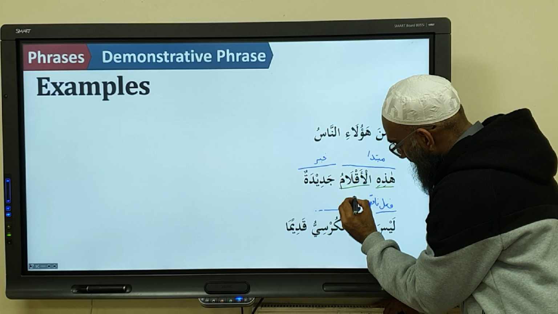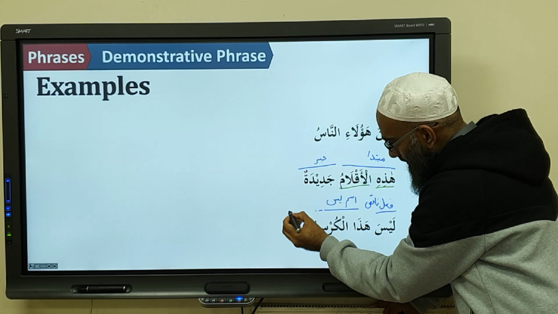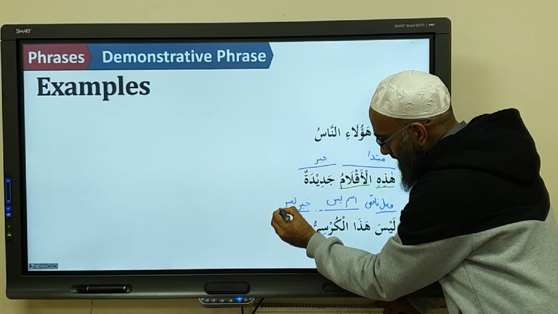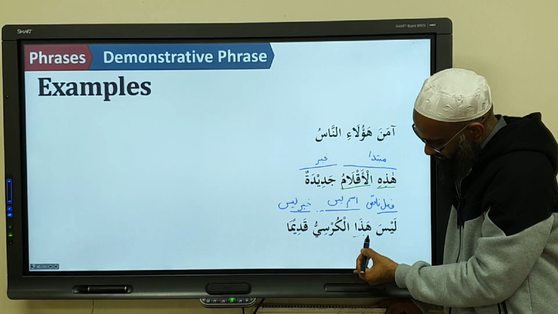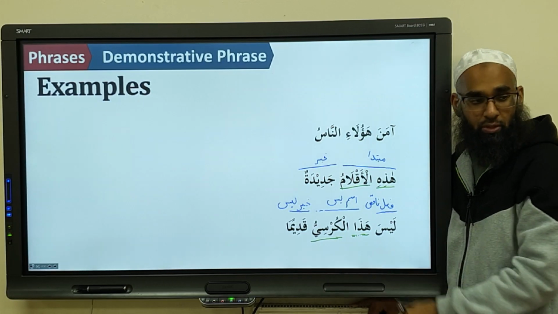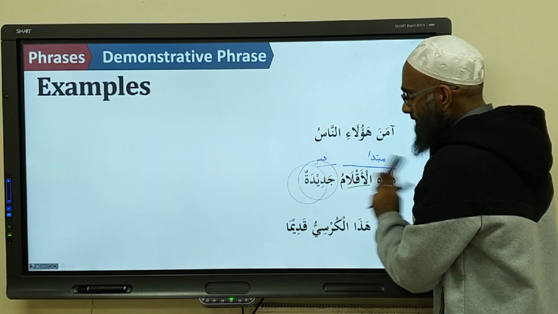It's called اسم ليس. And قديما is what? خبر ليس. And then the اسم ليس is made up of what? هذا الكرسي: هذا is اسم الإشارة, and the الكرسي is the مشار إليه. Everybody following?